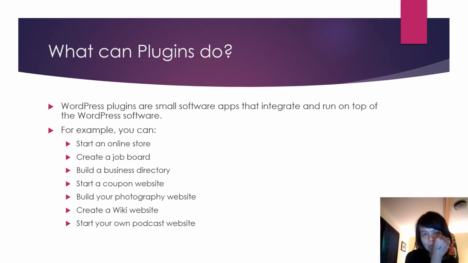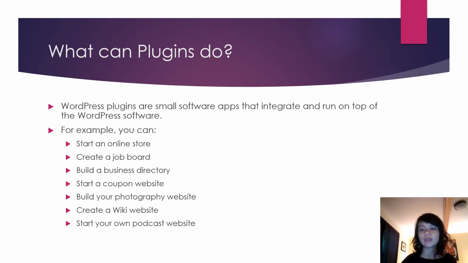Okay, so what can plugins do? WordPress plugins are small software apps that integrate and run on top of the WordPress software. So examples are you can start an online store, you can create a job board, you can build a business directory, you can start a coupon website, you can build a photography site, you can create a wiki site, you can start your own podcast website.